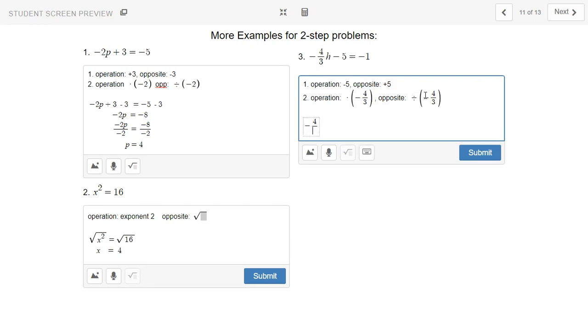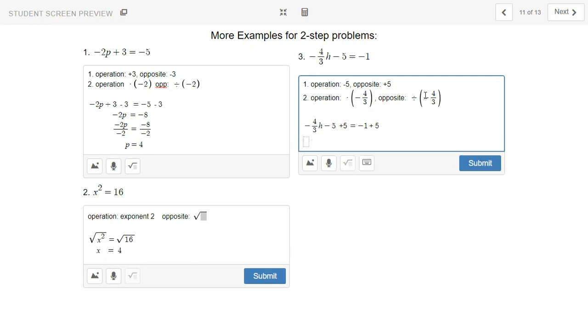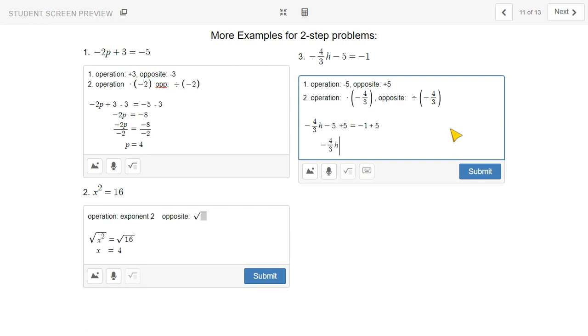Let's simplify. Negative 4 over 3 h minus 5, and we're going to add 5, equals negative 1 plus 5. These two become 0, and so left side, I'm left with negative 4 over 3 h. The right side, negative 1 plus 5, that gives us 4.